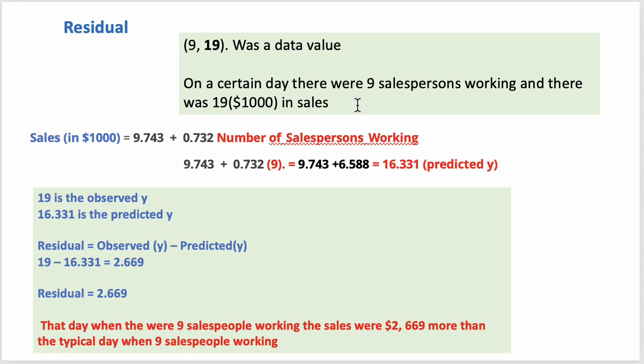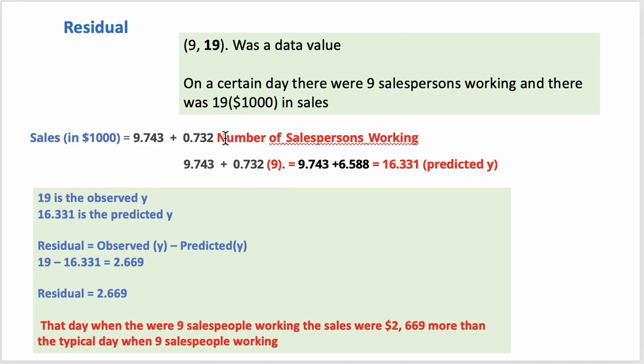How do we find the predicted value? Here is the simple linear regression equation, and we want to find out what's happening when there are 9 salespersons working. What will be the predicted sales on that day?